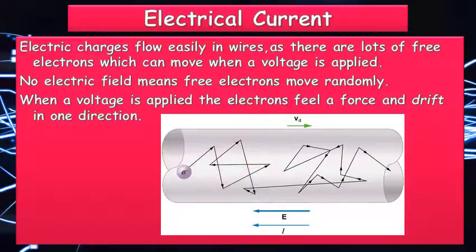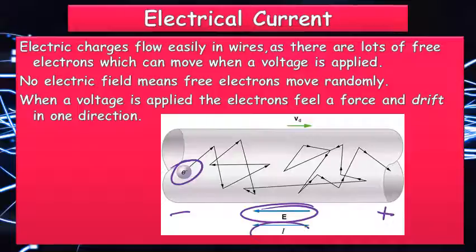So here's a diagram that illustrates that. Here we have an electron, which, when a voltage is applied, has an electrical field acting upon it. Now notice the electrical field is in the opposite direction of the movement, because this is conventional current. So current is going from plus to minus.